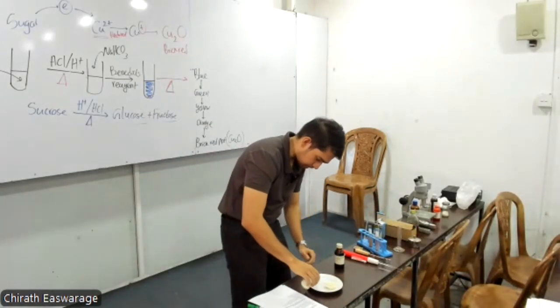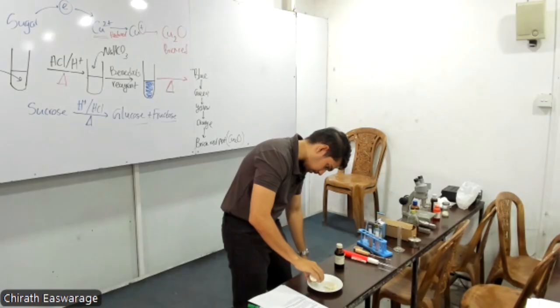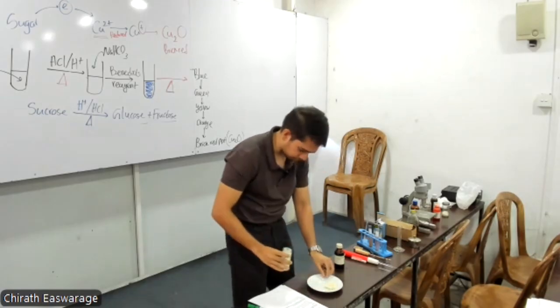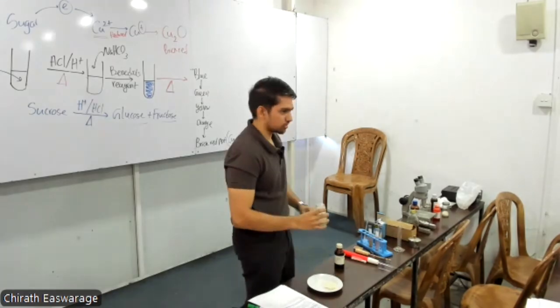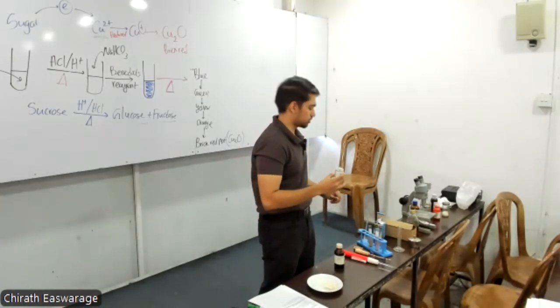Okay. Let's add it to some solid starch as well. Starch doesn't dissolve much, right? It forms a colloidal solution. It's not water soluble. Why? Polysaccharides are not water soluble, right?